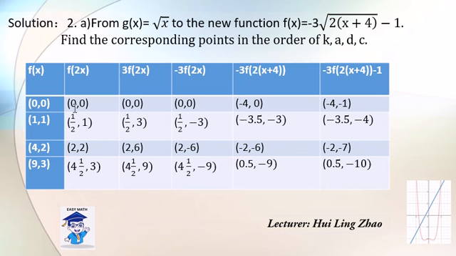So this point is (0, 0). And the next, put the a in the function, 3 f(2x), so a changes y. Here 0 times 3 is still 0, so the point is (0, 0). And next, put the negative for the a, so the point is (0, 0).